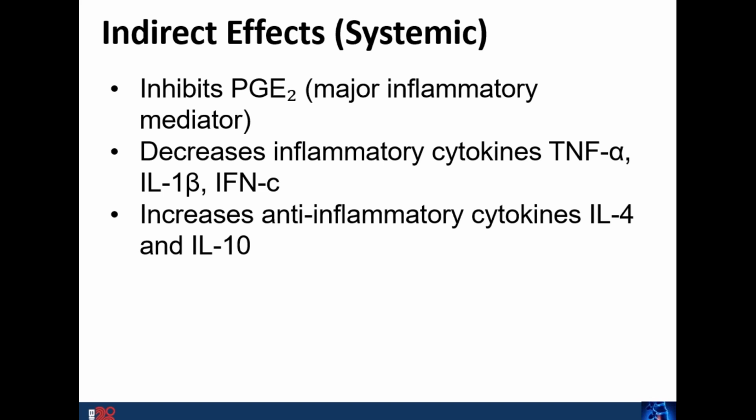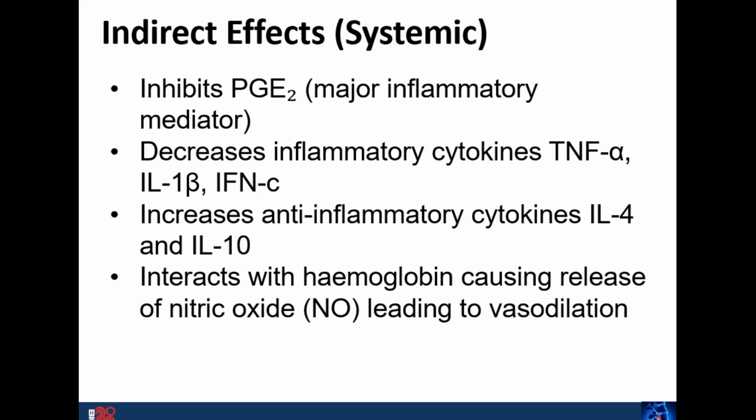And it also increases anti-inflammatory cytokines, that is, white blood cells that release these chemicals speed up the inflammatory process and help to resolve it. Another feature of systemic treatment or the blood treatment of light therapy has to do with the release of nitric oxide from its binding of hemoglobin.